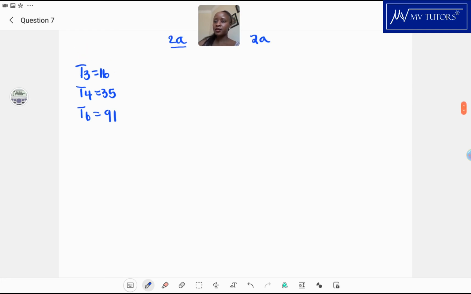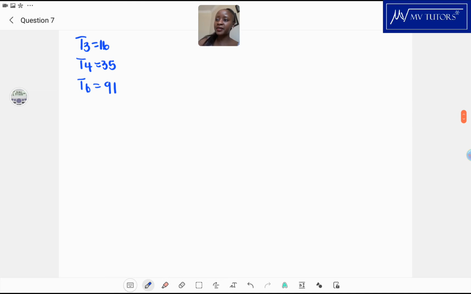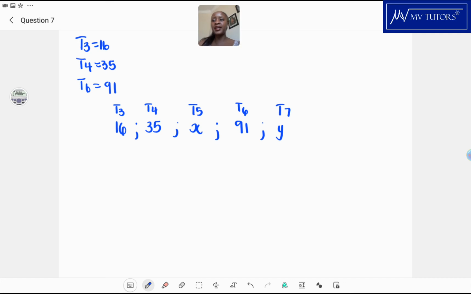So I have 16, then I have 35. So this is T3, that's T4. And then T5, well, that is unknown, so I'm just going to put x. T6, we have it, it's 91. I think I'm just going to put T7 for control. I don't know if we're going to need it, but I would say that would be y because we don't know what T7 is.